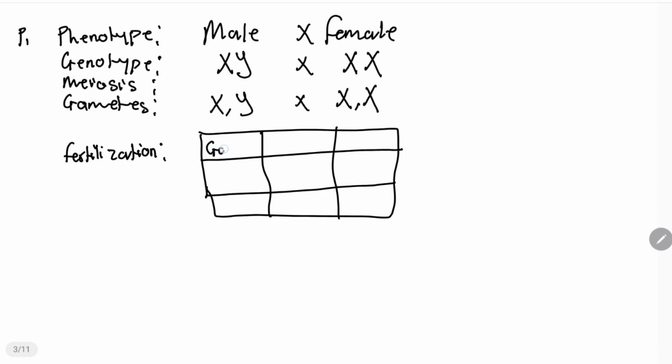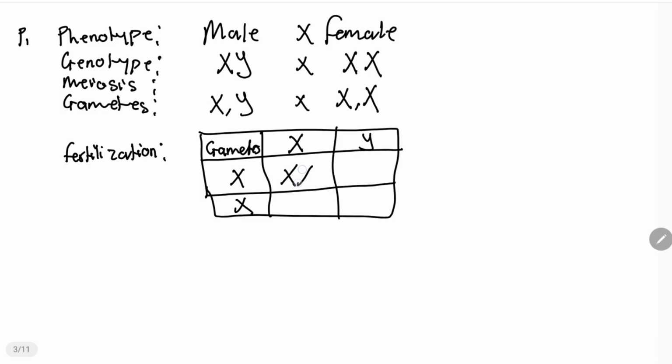Top left, we write gametes. In front of the word gametes, we're going to write the gametes of the male parent. So it is going to be X first and then Y, written in separate boxes. And then below the word gametes, we're going to write the first X in the female and the second X in the female. So in this box, our genotype is going to be the X from the father and the X from the mother.